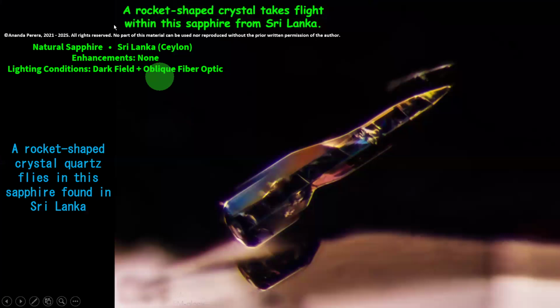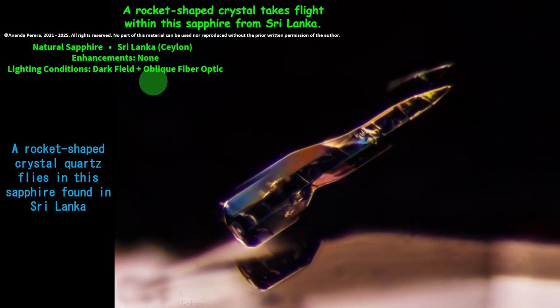Here, you can see the lighting condition is dark field plus oblique fiber optic. There are two conditions together. If you forget the lighting conditions, follow lesson number 48.